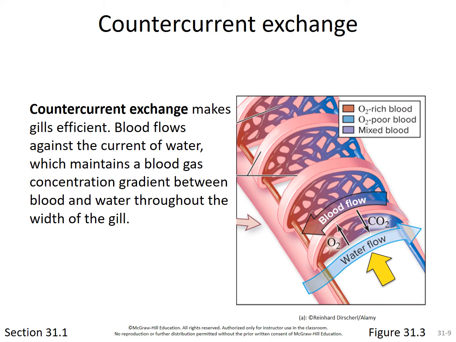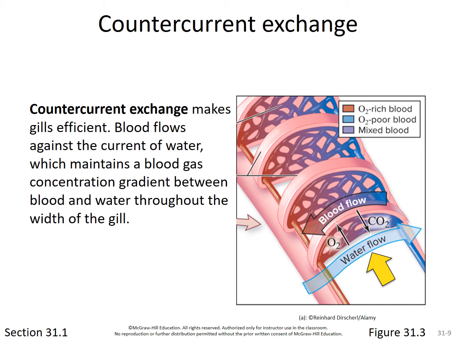And basically what this does is as water flows against the blood flow, it is always going to encounter blood that has a lower level of oxygen, and that makes it easier for oxygen to travel from the water into the bloodstream.